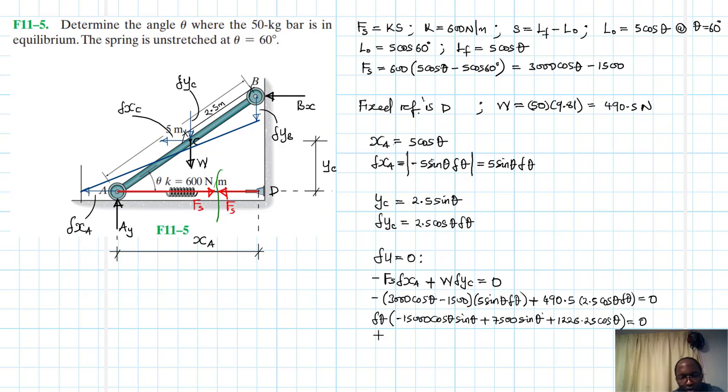So we know that del theta is not equal to 0, right? But this part is the one that will be equal to 0. We need to make that equal to 0.